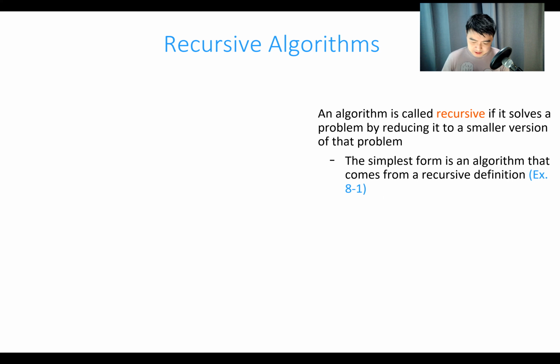Usually the simplest form of this type of recursive algorithm comes from a recursive definition already, although I should stress that it doesn't have to. Later on in the course, we're going to come back to this idea of recursive algorithm and I'm going to show you an example of one, so stay tuned for that. But for now, let's do one with a recursive definition.